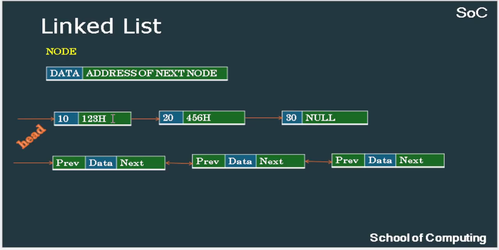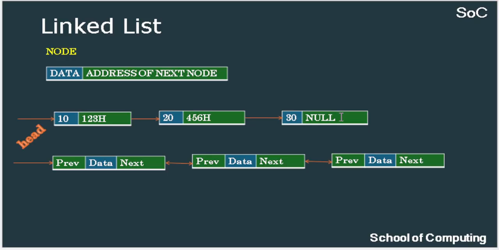H actually represents hexadecimal number. It means it's an address. 123 is address of second node and the data inside second node is 20. Address of third node is present in second node's pointer, and I'm able to reach out to the third node, and when I see null, it means it is end of the list.